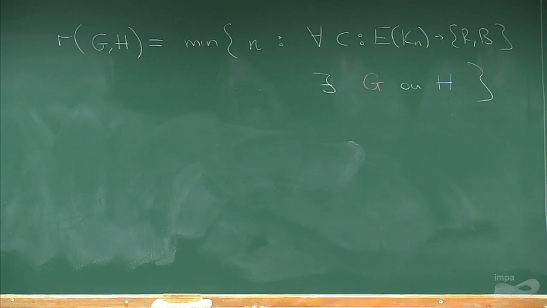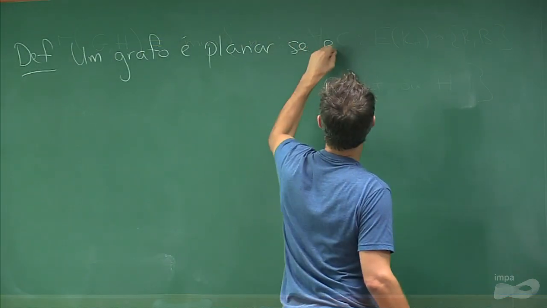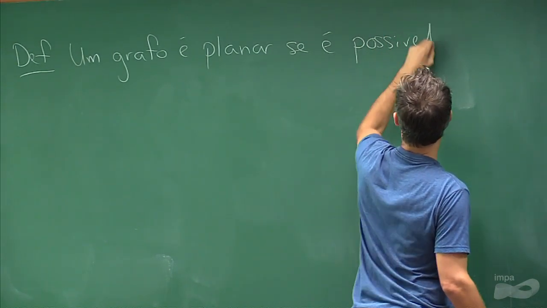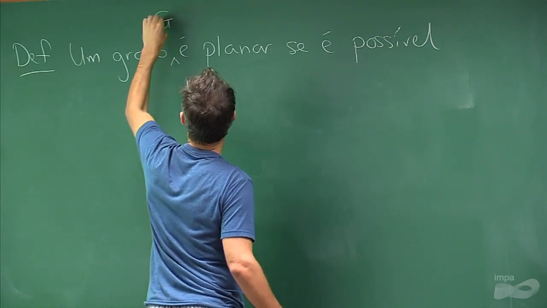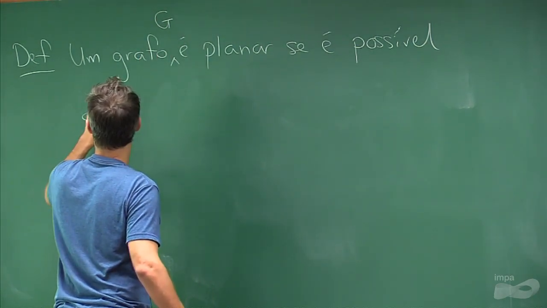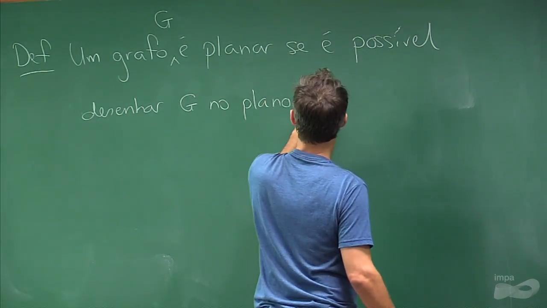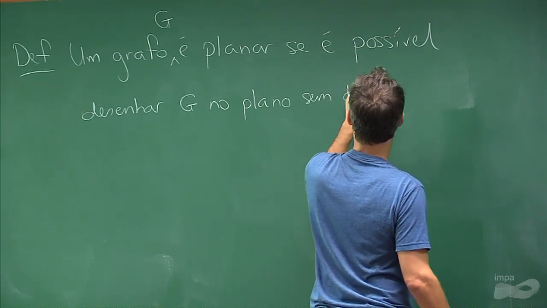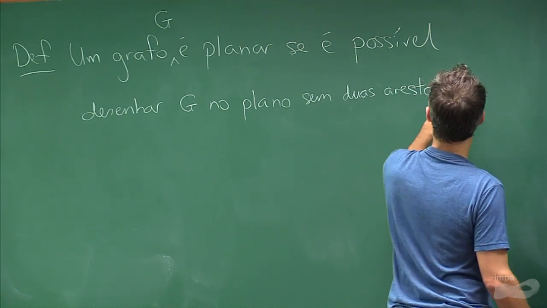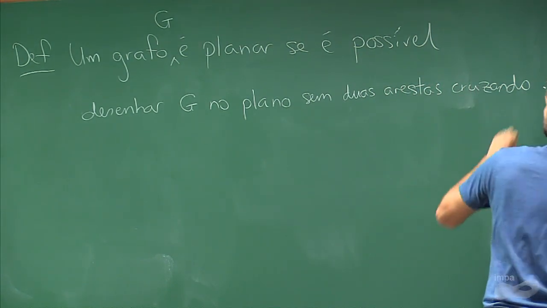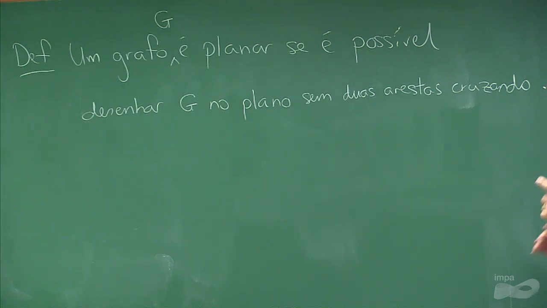So we're going to talk about the chromatic number of a planar graph. So recall definitions. A graph is planar if you can draw it in the plane without two edges crossing.